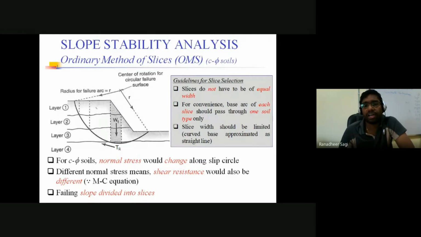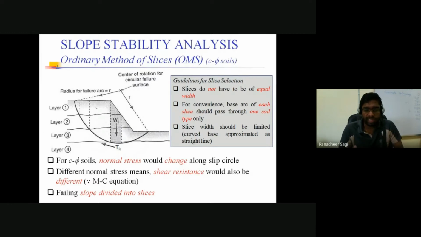How do we calculate the normal stress? Normal stress is calculated as W into cos alpha. So that alpha angle is continuously getting changed, and so the normal stress is also changing from point to point.